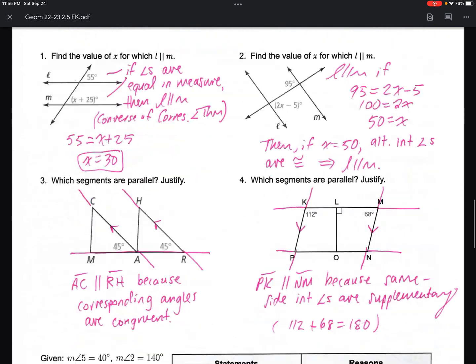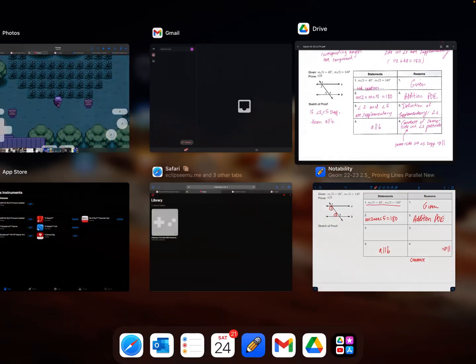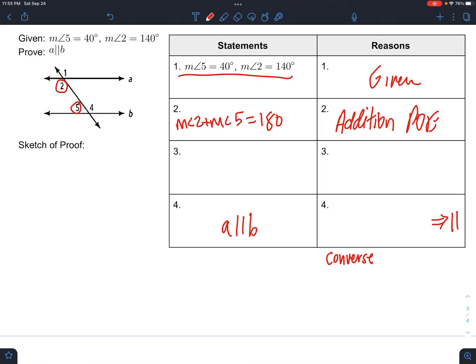And I'll just do a quick verify. Yeah, that's what I was going for. Okay, so you are adding these two equations together. The left and the left were added, and the right were added. Adding equal things to both sides. That's addition POE. And that right there is talking about the fact that angle 2 and angle 5 are supplementary.